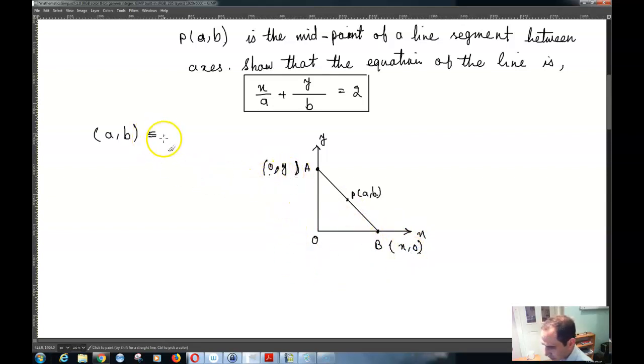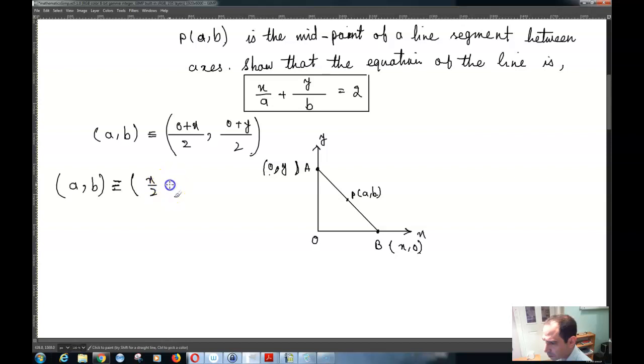Now if that's the case, the coordinates of this point P are going to be 0 plus x divided by 2 for the x coordinate, and 0 plus y divided by 2 for the y coordinate. And so a comma b is the same as x divided by 2 and y divided by 2.